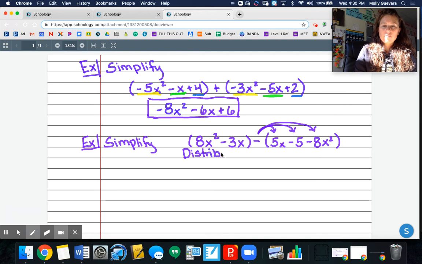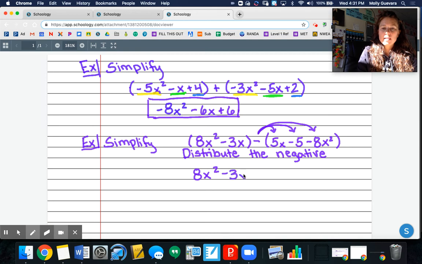Distribute the negative. Don't forget. If you forget, you're going to get all messed up. So what that ends up doing is it does absolutely nothing for this first grouping. So that's going to stay 8x squared minus 3x. That is not changing.